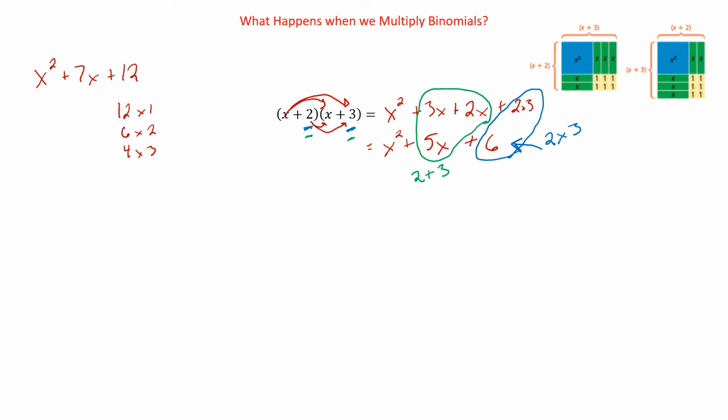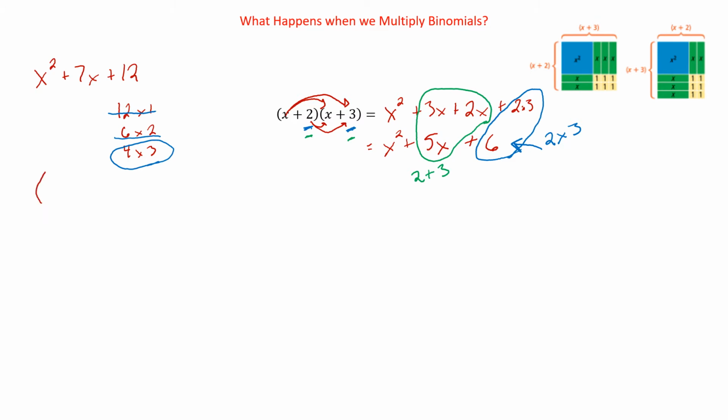We want to know which one, when we add the two numbers, adds to 7. 12 plus 1 is 13, so that's not going to work. 6 plus 2 is 8. That's close, but not going to work. 4 plus 3 is 7. So we're going to use that.